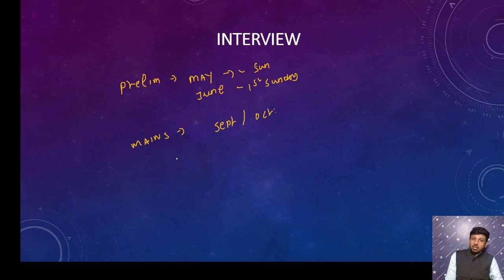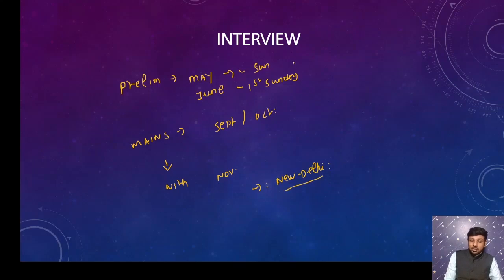Based on the mains performance, you can expect your call for the interview within 1 month or 1.5 months. Therefore, by November you can get it. So you will get a slot when your interview is there. And for the final interview, you have to visit New Delhi.